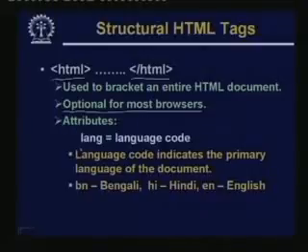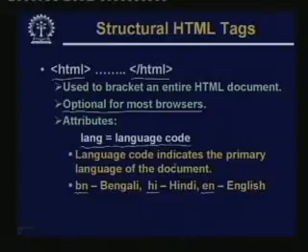For example, if it is a multilingual document, meaning you are specifying the document in a language other than English, then using this lang attribute you can specify the language code. This language code can be any international language, for instance BN will mean Bengali, HI will mean Hindi, and the default EN will mean English.